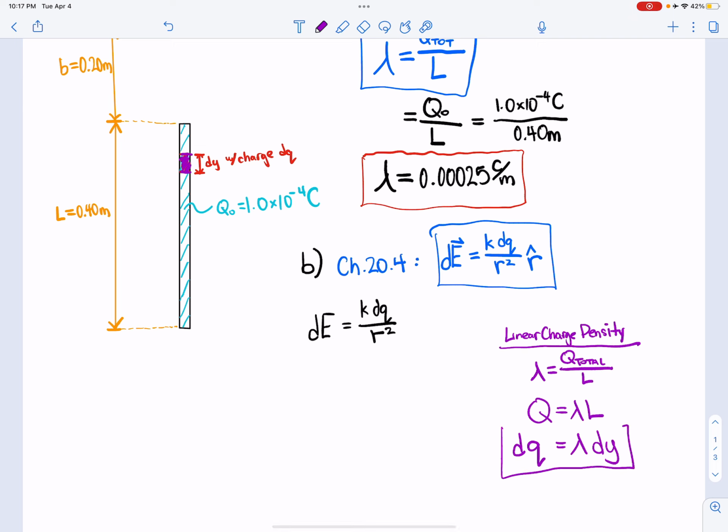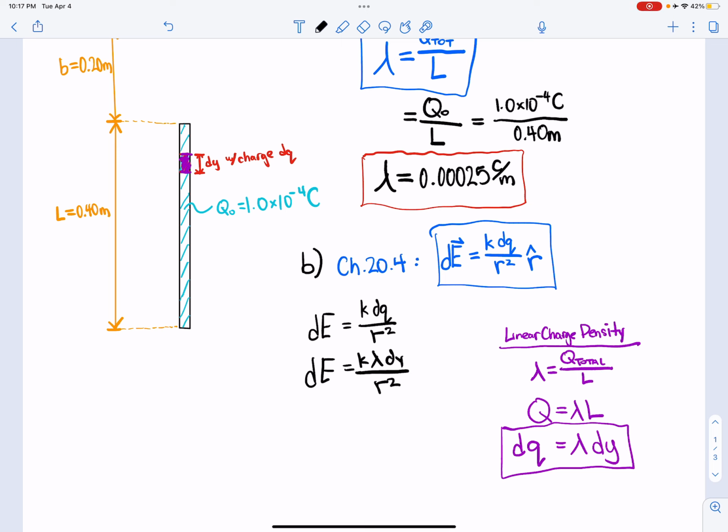Okay? So we'll plug that in. It will be dE is equal to k lambda dy over r squared.